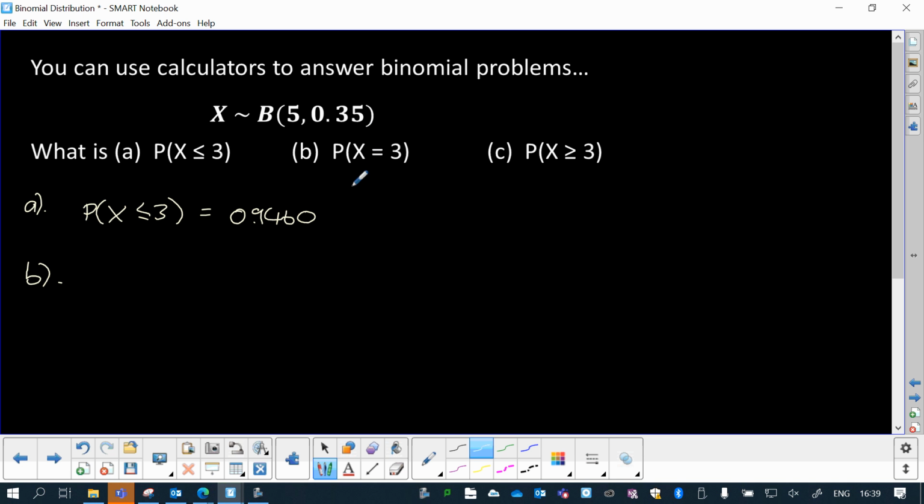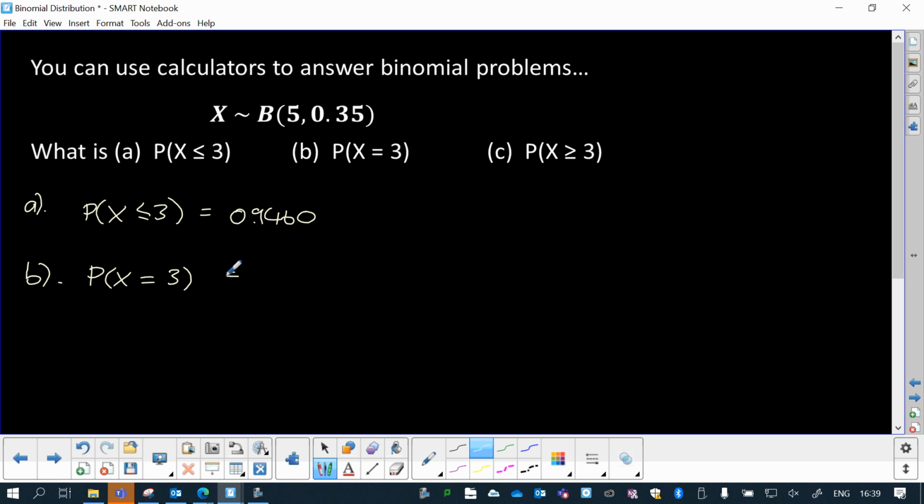But anyway, my recommendation is whenever you have a probability that x equals something, you use the nCr calculation. It just means that that calculation is never lost, and you always do it. So if it's less than or equal to, use your calculator. If it's greater than or equal to, use your calculator. If it's simply equal to, do the calculation. All right?